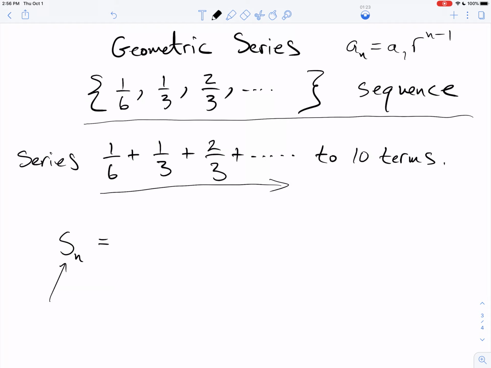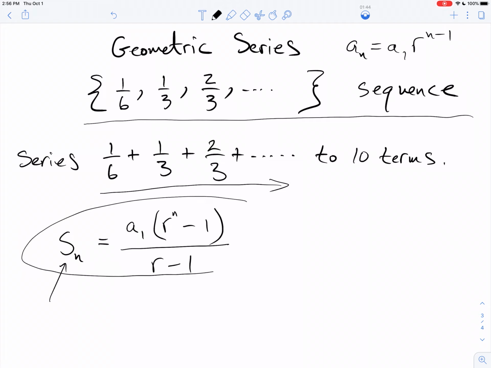But what we do not know is what is the formula for a geometric series? Well, it's this: a1 times r to the n minus 1 over r minus 1. That's the formula, flashcard city, that we would want to use for a geometric series.